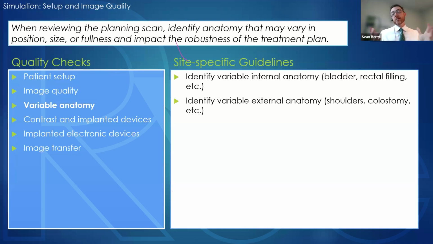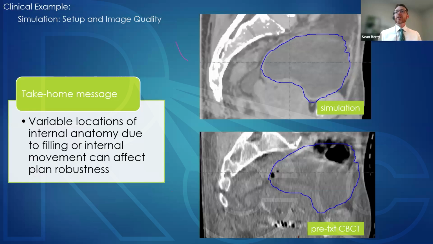But sometimes it's not the case. Or definitely there are certain organs that, no matter what you do, we all know the bladder, for example, it fills and empties as the day goes on. So here we have an example of a simulation scan where the bladder was as drawn.